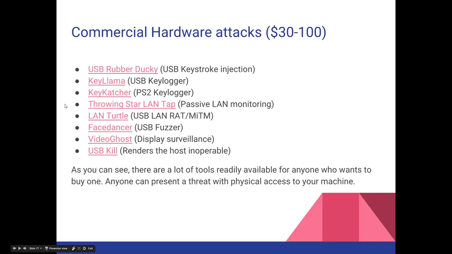And so there's all sorts of devices nowadays. The most famous ones are probably the USB Rubber Ducky, the Face Dancer series, the Throwing Stars, and these typically range from just $30 to $100. And you could assemble an entire toolkit for various purposes.